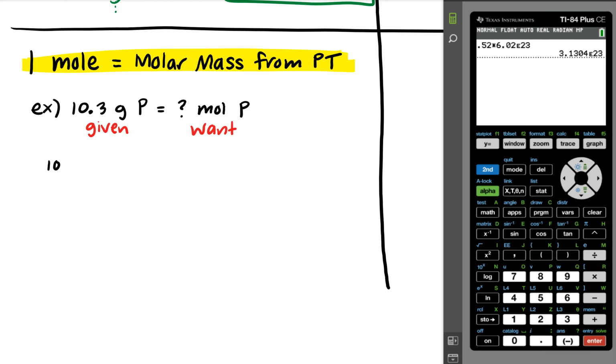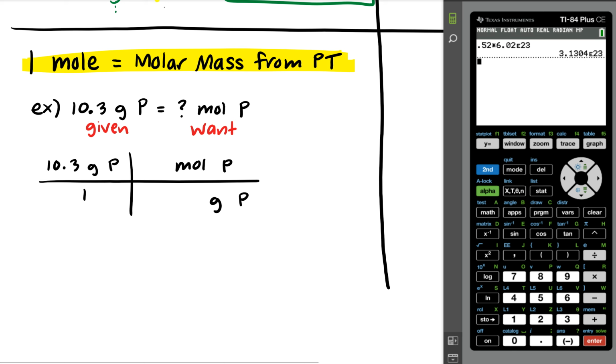So I'm going to take my 10.3 grams of phosphorus as our start, our given, put that over 1, and I know I'm going to have to use grams of phosphorus on the bottom. And so that means I'm going to have to put moles of phosphorus on the top, because I'm using this conversion factor right up here. I'm just recopying it down here in our dimensional analysis grid.